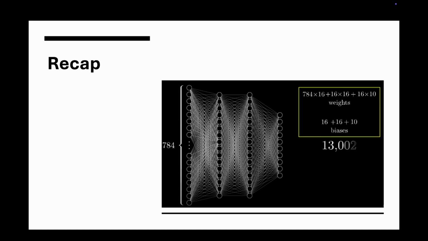Then we had our weighted sum that was passed through a function like a sigmoid or a ReLU. And finally, the output layer has those 10 neurons that represent a digit from 0 to 9, because those were our outputs. Whichever of those neurons was brightest, quote unquote, corresponded to the network's classification.